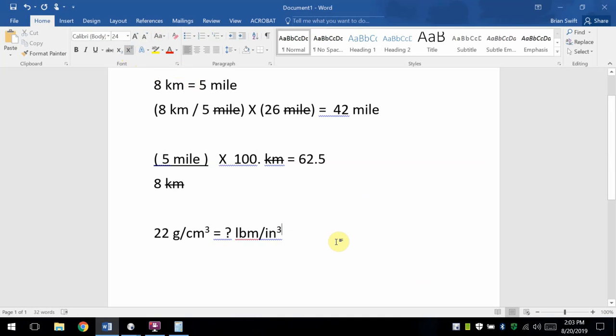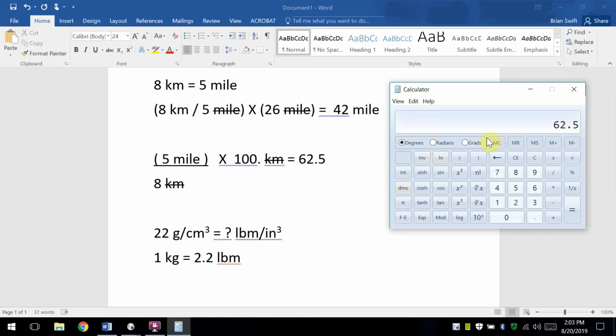Okay? Well, in this case, we've got multiple relationships to use. One is that 1 kilogram is equal to 2.2 pounds mass, and that would be the same dividing both sides by 1,000.